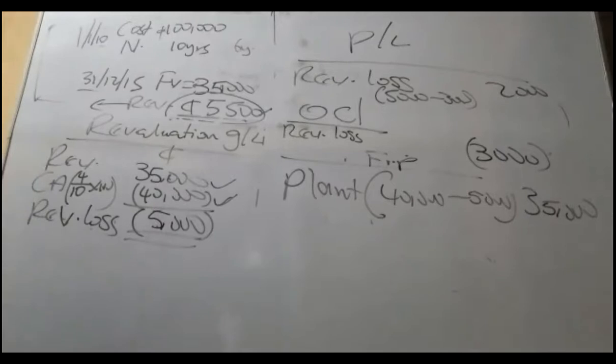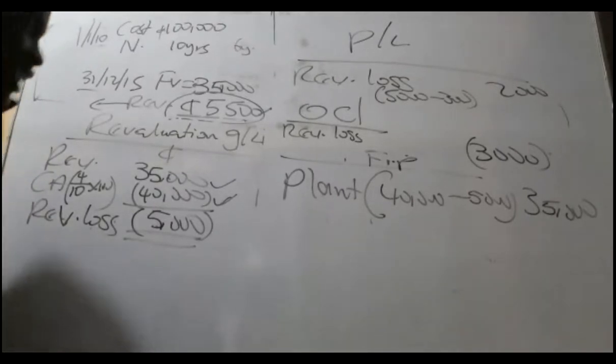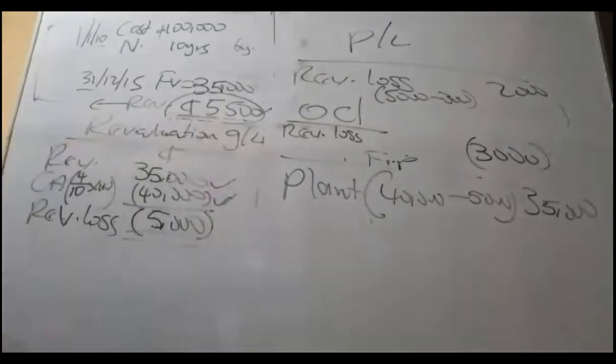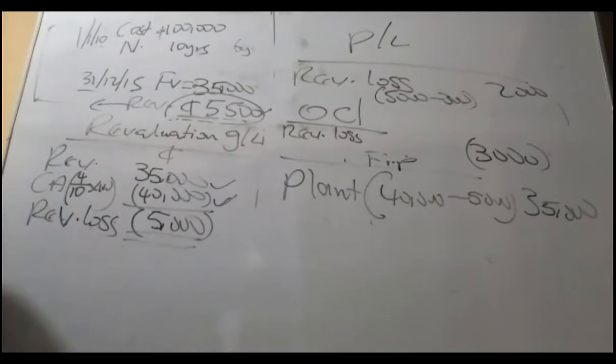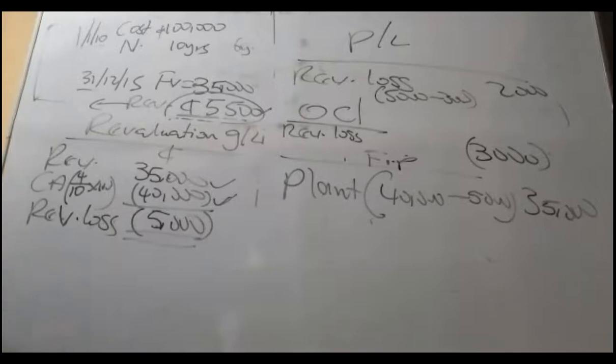Try that one for me. The gain happens to be 5,500. Still, our loss is 5,000. How should it be?